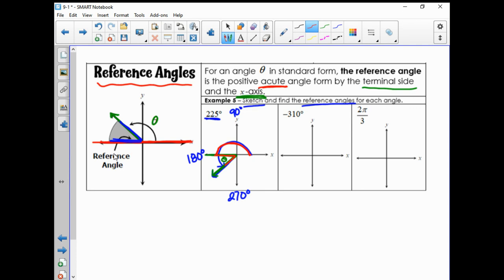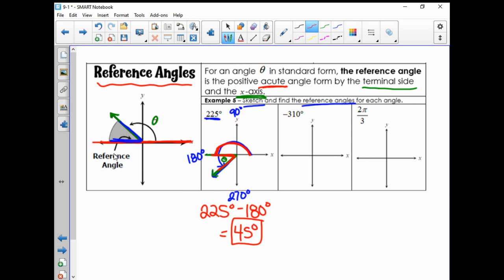I just care about this part in between here. So I'm going to subtract my semicircle, my 180 degrees. So it's just 225 subtract 180, and that is going to give me a 45 degree angle. So that's our reference angle, the 45 degree angle.